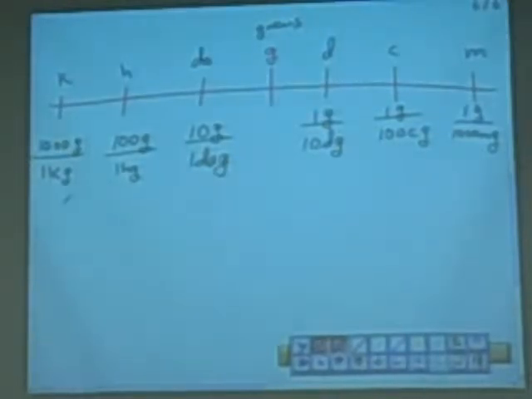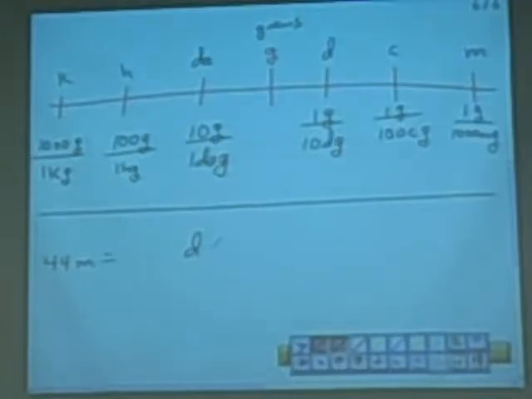So for this first one, we want to know 44 meters is equal to how many decameters? When you got the a, think of deca. Whether you're working with grams, liters, or meters, you know that you're going from meters to decameters.